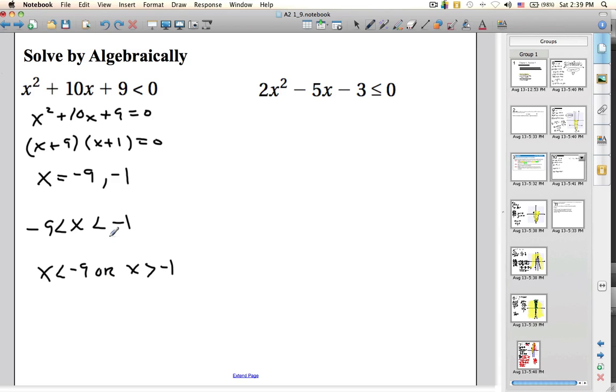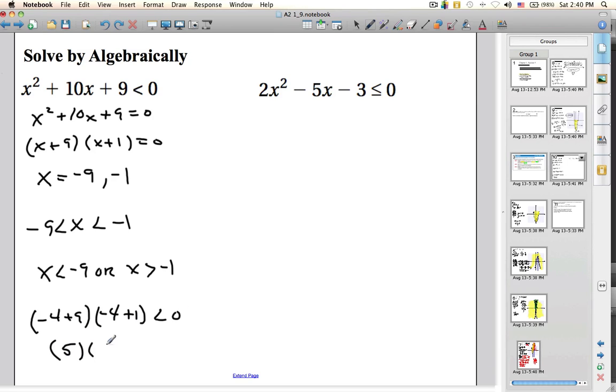And how do I know which it is? Well, what I would do is test a value between, or I could test a value beyond, but I'm going to test a value between. So let's say I pick negative 4, that's in between here. Negative 4 plus 9, negative 4 plus 1, is it less than 0? So negative 4 plus 9 is 5.